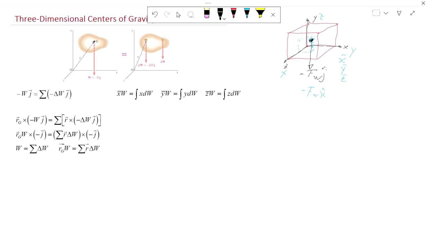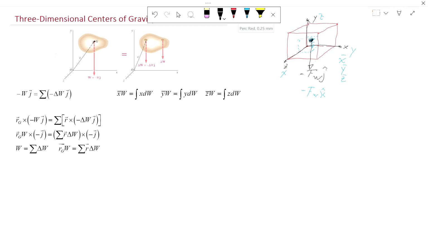So be careful which coordinate system they're giving you, because then the force component will be either in y, in x, or in z, and it could be positive or negative depending on where your axis is pointing. In this case, y is going up, so the force is negative because it's going down.